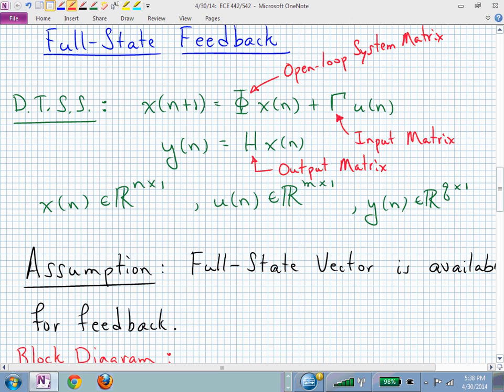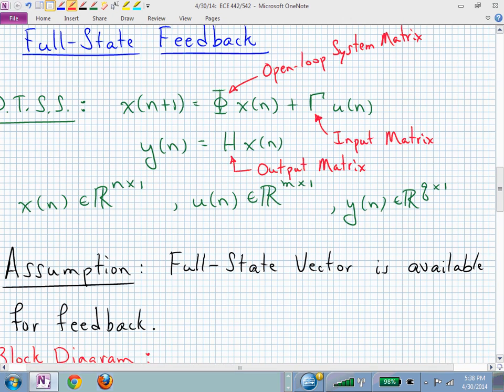We could have a scalar phi. Phi could simply be a 1 by 1 matrix. For U, we could have M inputs, but typically M will be 1. And for Y, we might measure more than 1, but typically Q might be just 1. We have a single input, single output system.